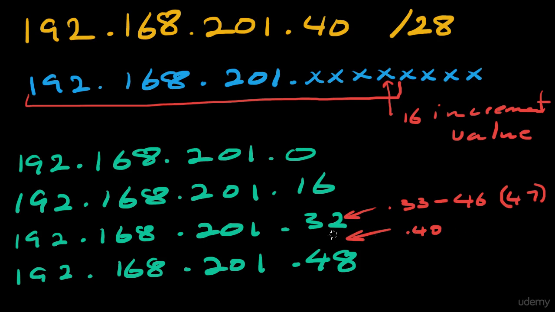So the range of values for the 32 network would be 192.168.201.33 to 46. .40 is within that range, therefore it is from the 32 network.